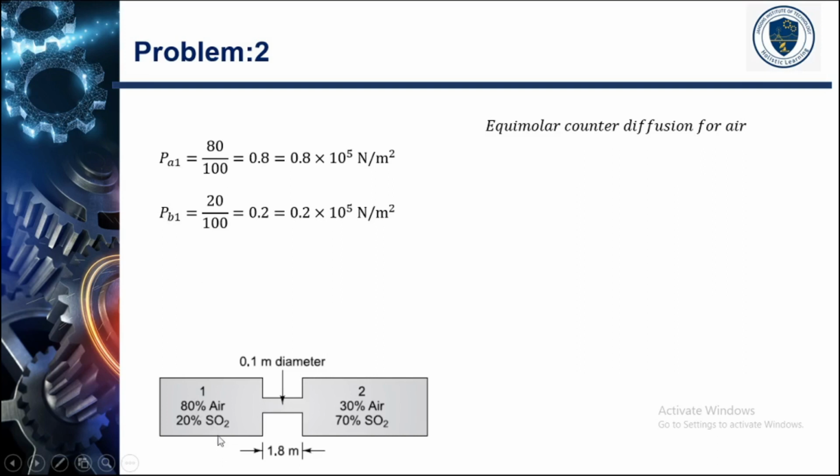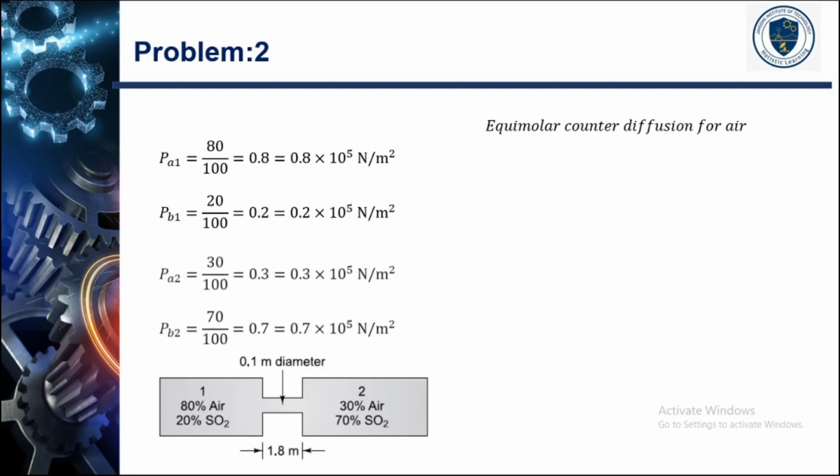In the first chamber it contains 80% air and 20% SO2. So 80 by 100 is 0.8, multiplied by 10^5. So the partial pressure of air in this chamber is 0.8 × 10^5 Newton per meter square. Similarly, the partial pressure of SO2 in the first chamber is 0.2 × 10^5 Newton per meter square.